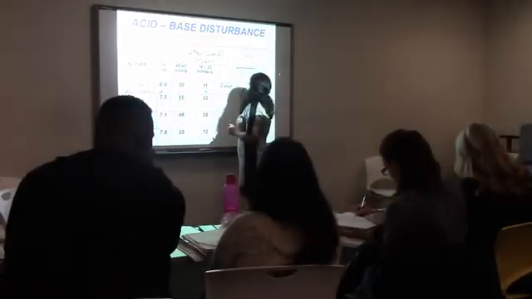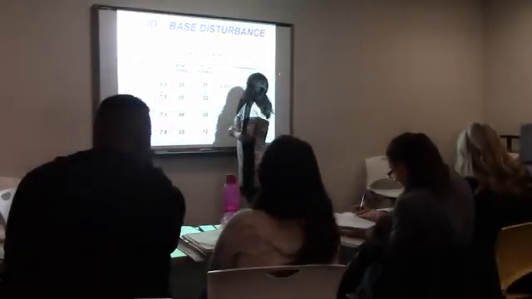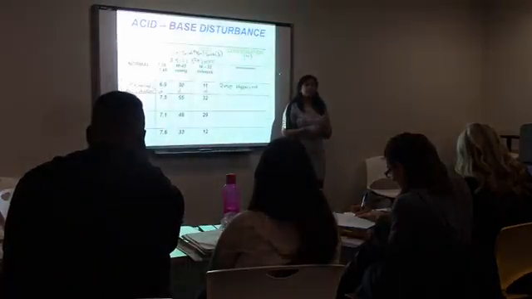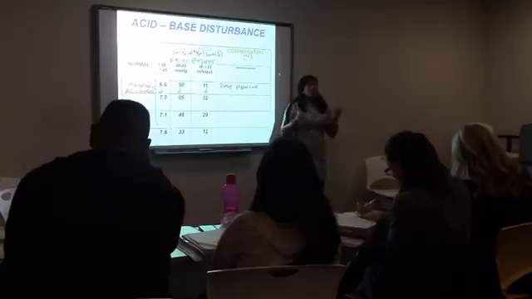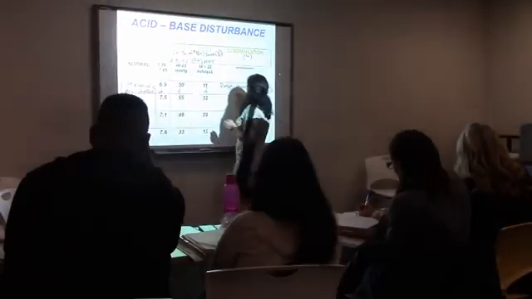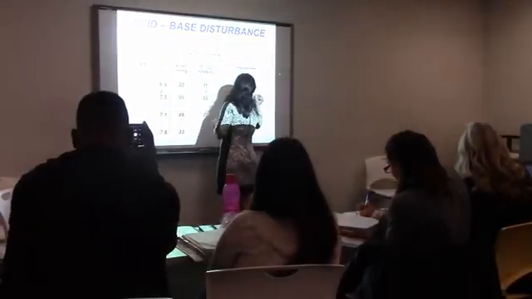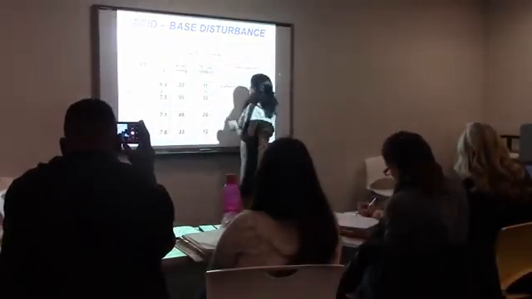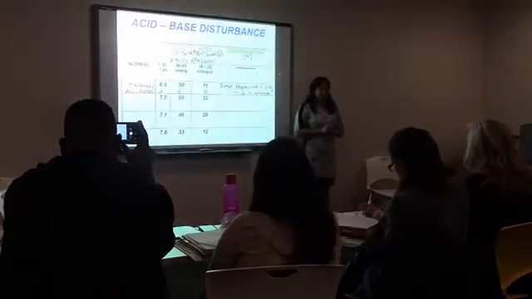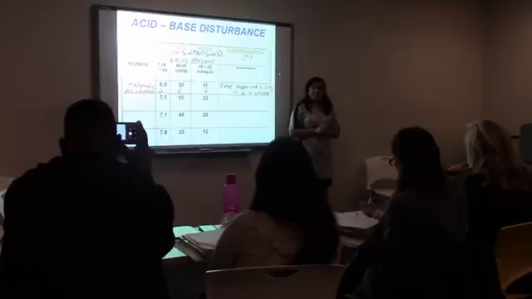Hyperventilate. Why? Because if you hyperventilate, you're getting rid of your CO2, which is your acid, bringing your pH back up. So the CO2 levels are decreased in blood by hyperventilating. So you're getting rid of it.